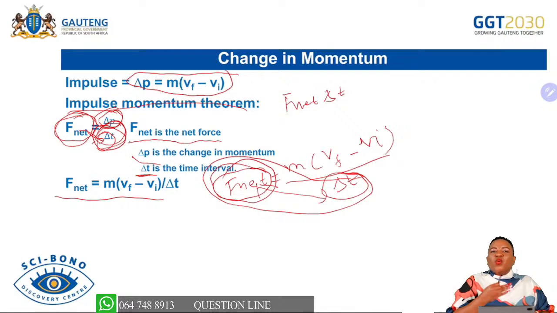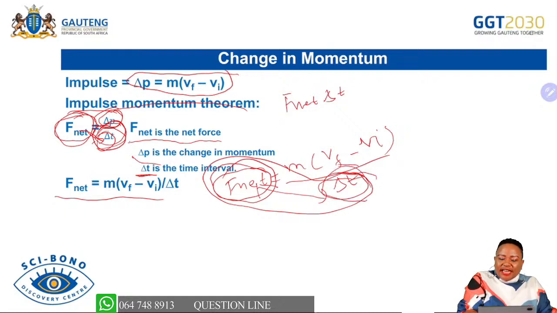And when you hit the windscreen, it has a hard surface, and as it has a hard surface, it will also make a shorter time of contact. And if there's less time of contact, it means there will be more force, because we know that the net force and the time of contact, as the one increases, the other decreases.